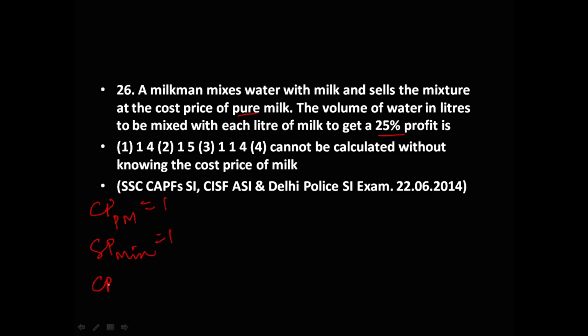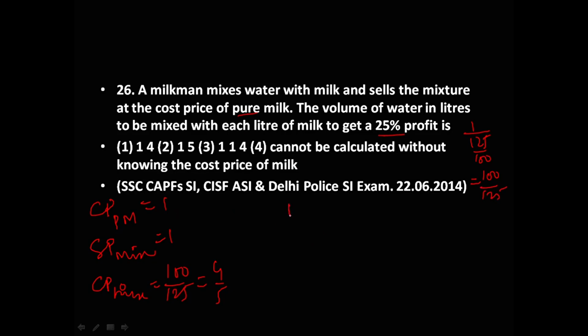So CP of the mix can be calculated from the SP of the mix. So it's 100 upon 125, meaning 4 by 5. Clear? How has it come? It's actually 1 by 125 upon 100. So it's 100 upon 125. Clear? So 4 by 5.